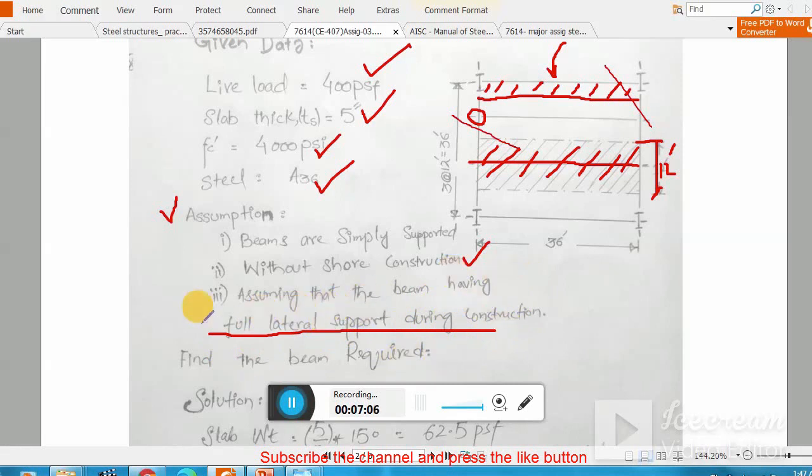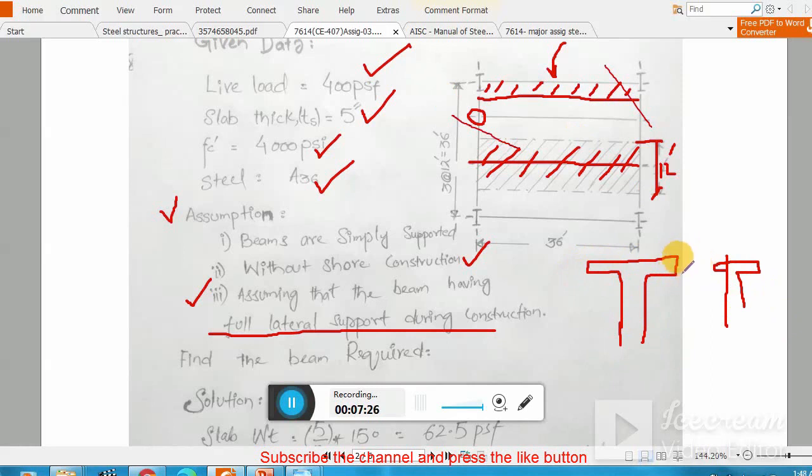So this assumption means that when your beam is, during construction, we remember here we have another beam, okay. Here we have another beam.